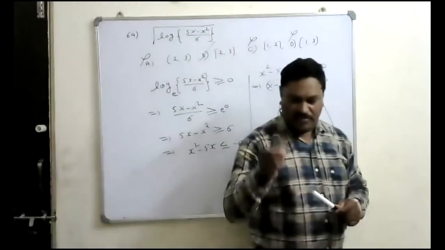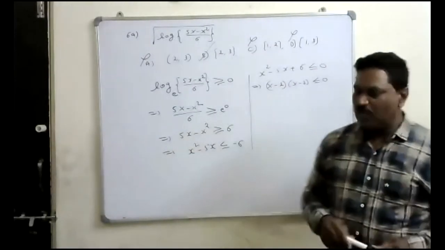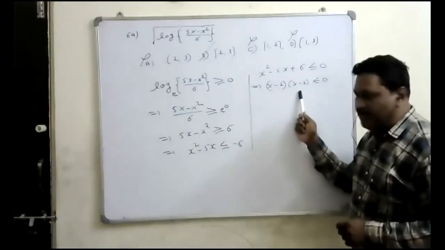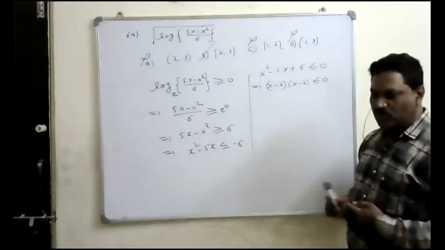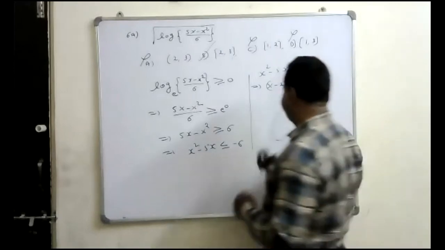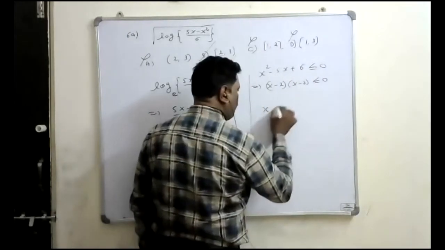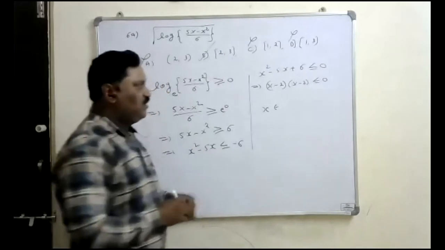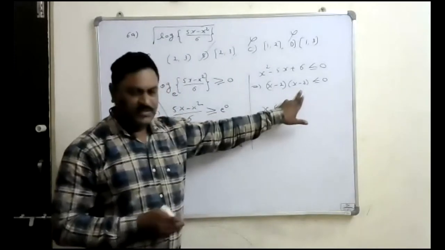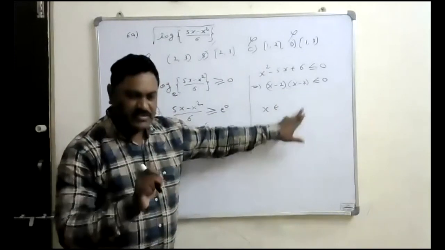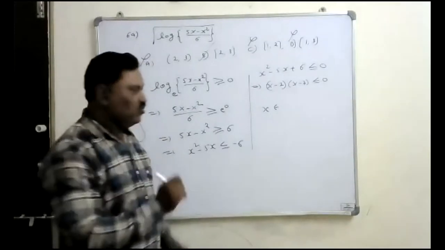So yesterday I gave the formula for solving the inequation. If (x minus alpha) into (x minus beta) is less than or equal to 0, tell me what is the interval for x? Second formula: if this product is negative, x is going to lie in between the roots.